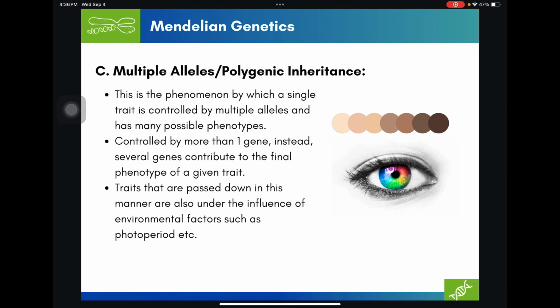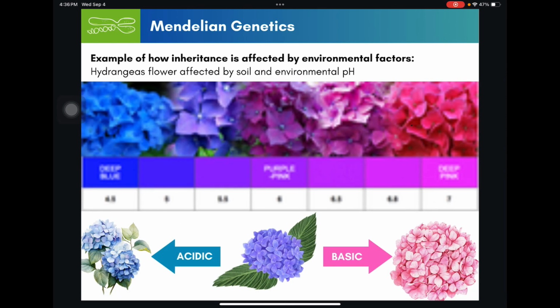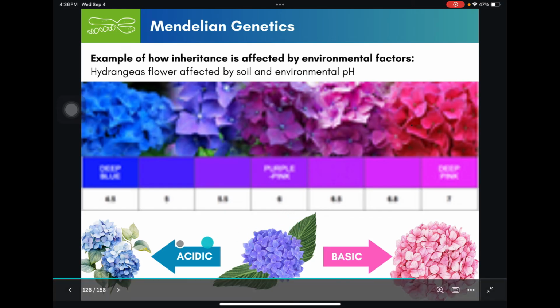Also, polygenic inheritance could be influenced by environmental factors. A good example is the hydrangea flower, wherein in a normal pH it's around purple, but under acidic soil it becomes bluer or bluish, and under a basic soil it becomes more pink to red in color.